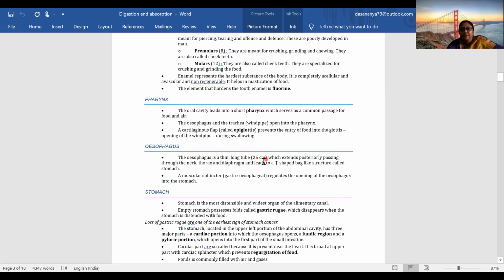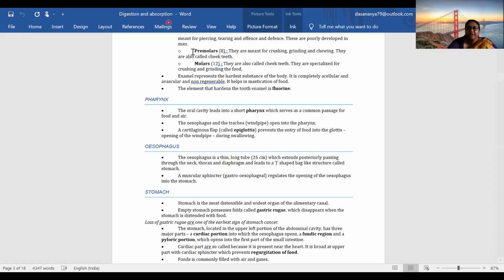It is approximately 25 centimeter long, starting from the pharynx, and it extends through the neck and thorax region, that means the chest region. It will cross the diaphragm.